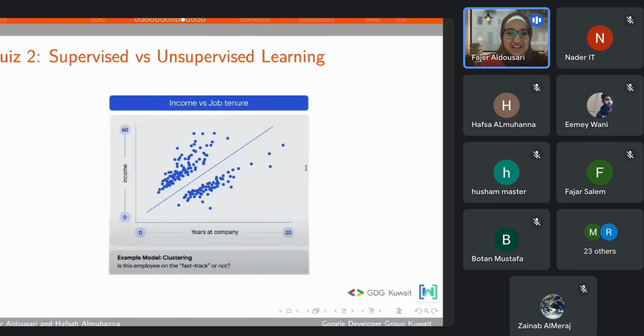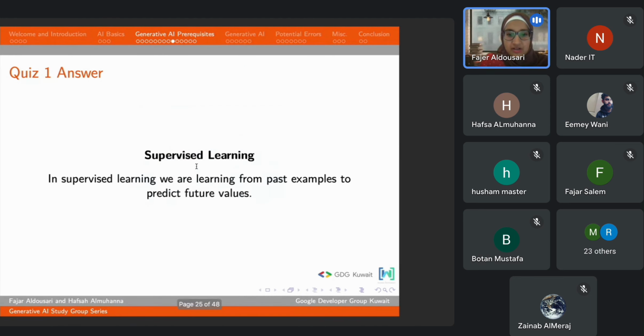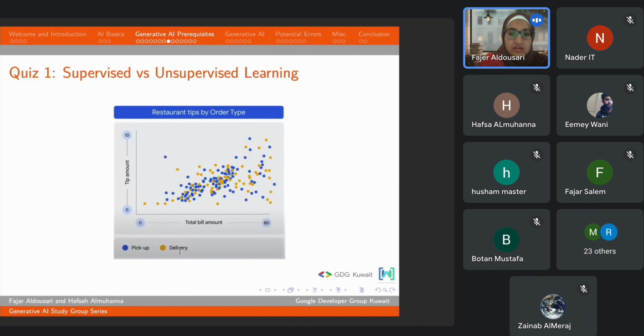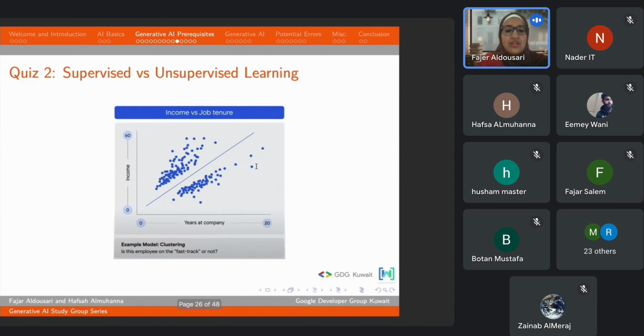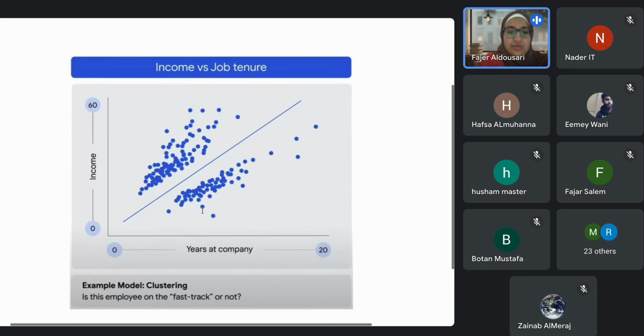It is unsupervised learning. We are looking at the raw data and seeing if it falls into groups. As opposed to the previous graph, it's not labeled, right? They all have one color, and we're just grouping them. Here it's the years at the company and the income, so we're trying to see if there's a correlation between them.